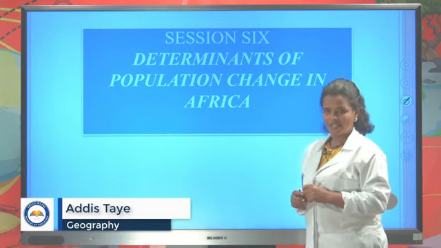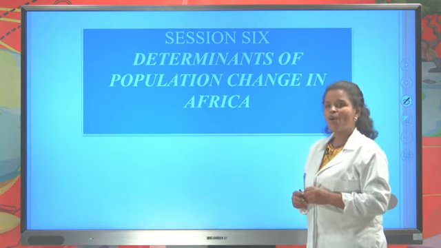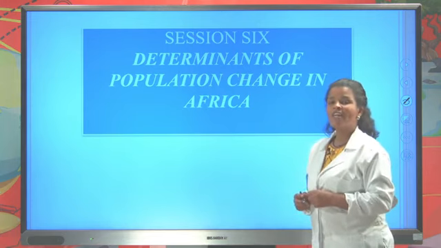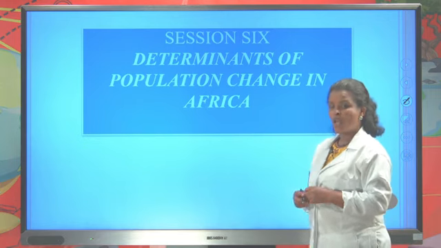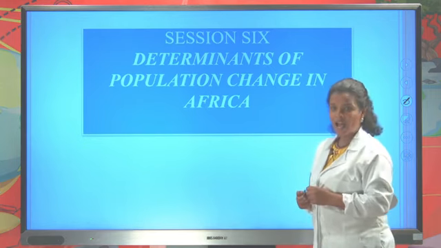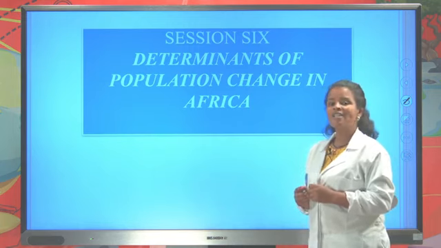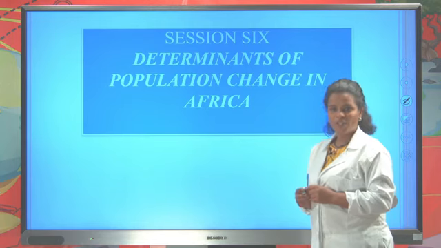In the previous lesson, we learned about the distribution of population in the world and in Africa. Population distribution throughout the world is uneven. There are sparsely and densely populated regions of the world.